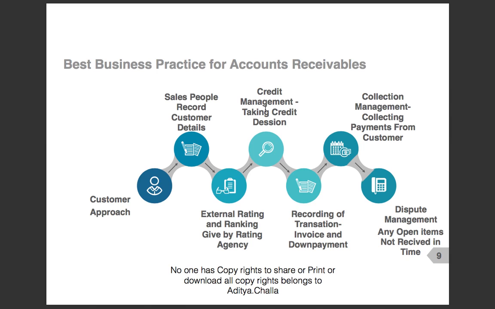Whenever the data is passed to them, they analyze the customer, whether he is a desirable or undesirable customer, based on his existing previous payment behavior, and also the dunning procedure and disputes. They verify all possible activities of the customer and give whether the customer is desirable or undesirable. Based on that, the ranking and rating will be issued.